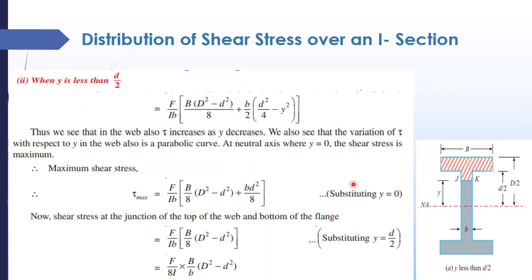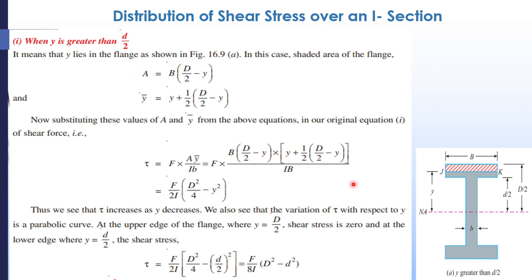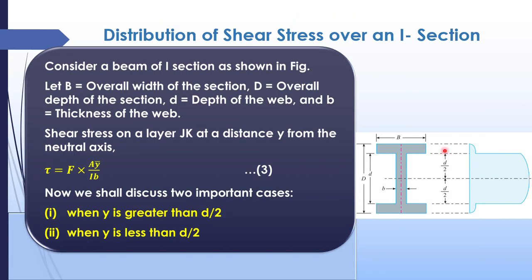Now you will get the shear stress diagram for this particular section like this. Here in the flange it will vary, and in the web, when y is within d by 2, you will get it like this. When it is within this one, the maximum value will be at d by 2 and the minimum value at this point.